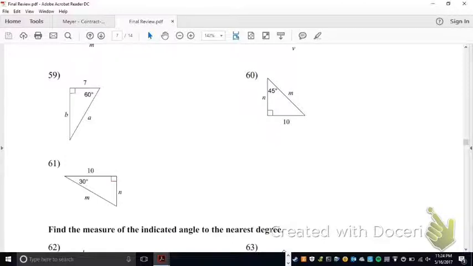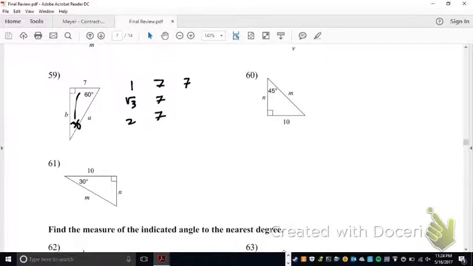Number 59. So now what we're going to do is we're going to use those same ratios. So 59, 1 radical 3, 2. That 7 is opposite our 30-degree angle, so it's going to go in the 1 spot. Now we go, what times 1 equals 7? 7.